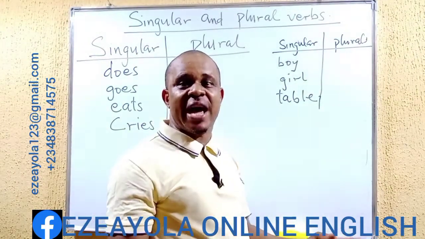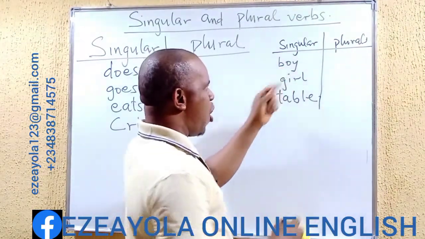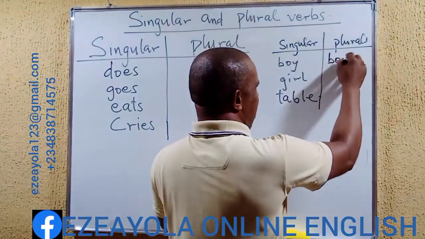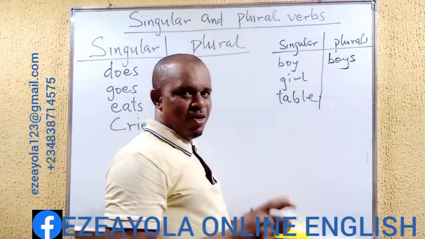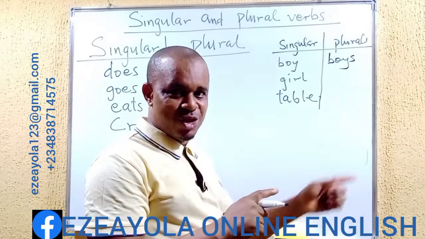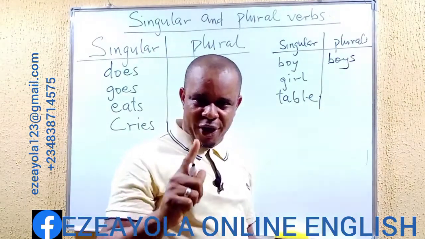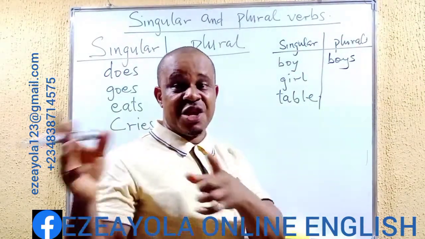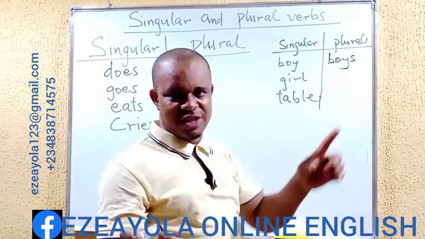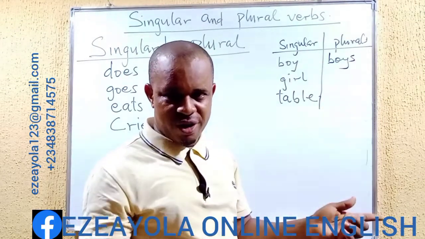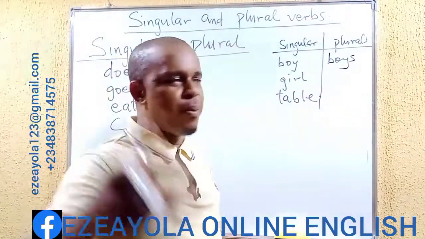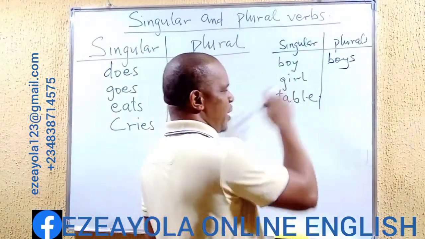What does the child need to do? For the boy, he or she must write boys. You add the S to make it plural. One boy, a boy, three boys. You cannot say three boy. You say three boys, four boys, and so on. What about the girl?